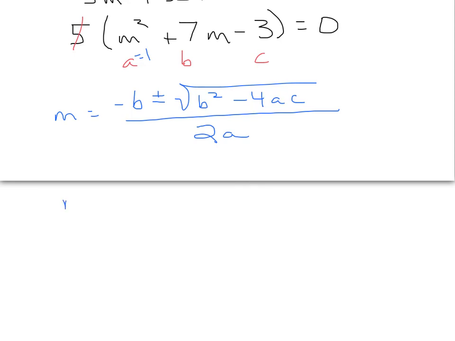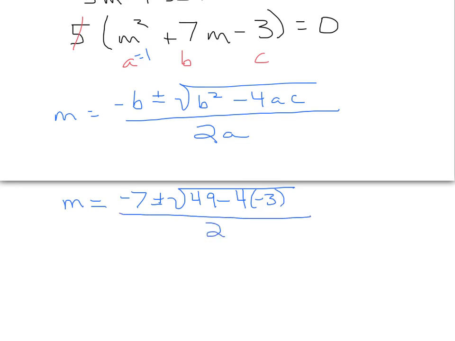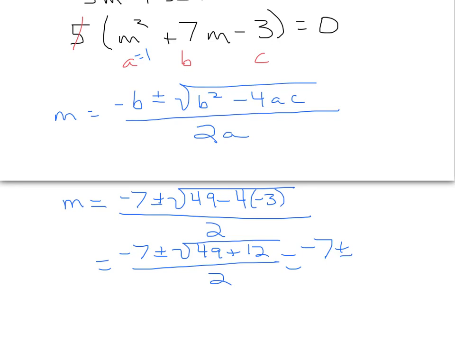So we have that m equals negative 7 plus or minus the square root of 7 squared, and I'll go ahead and write 49, minus 4 times a is 1, times c is negative 3, over 2 times 1. So that's going to be negative 7 plus or minus the square root of 49 plus 12 over 2, which is negative 7 plus or minus the square root of 61 over 2.